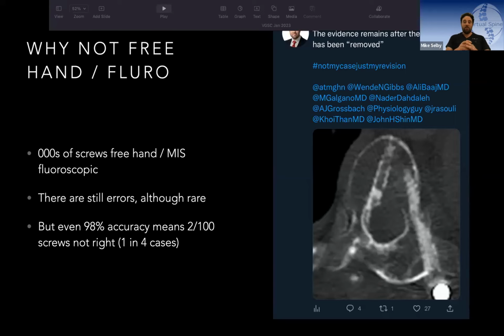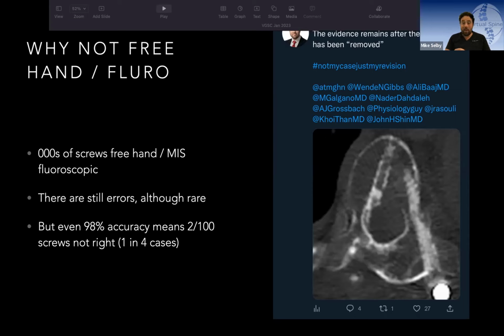And then we talk about accuracy, and 98% accuracy sounds pretty good. But when you actually break that down to how many screws we're putting in, particularly in spine deformity cases, 98% accuracy still means that about 1 in 4 to 1 in 5 cases, we're going to have a breach. So is that acceptable in the modern environment, in the medical legal environments we work in, in Australia, the US, and the UK?